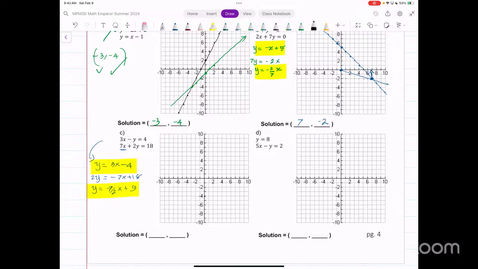You start at minus 4. 3 units up, 1 unit right. Again, 3 units up, 1 unit right. And let's connect them.